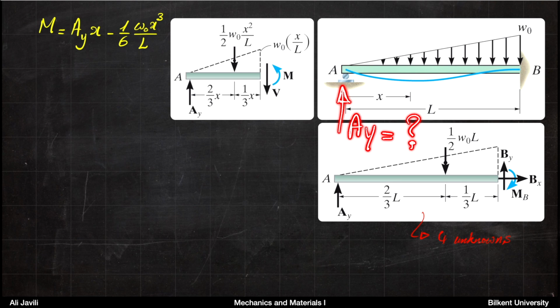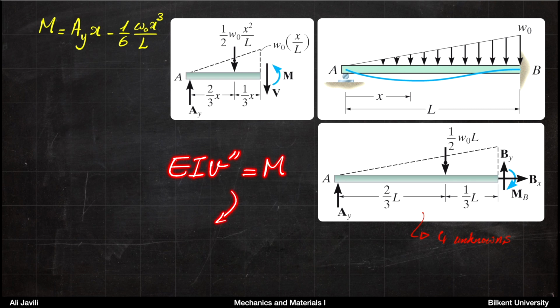But if you cut the beam at a distance x, you can calculate the shear force and moment based on that. And in this particular example, we are not interested in the shear force itself. We are interested in the moment as a function of x, because later we know that EI v double prime would be M, and if you integrate that twice, you get your deflection. That's what we want.